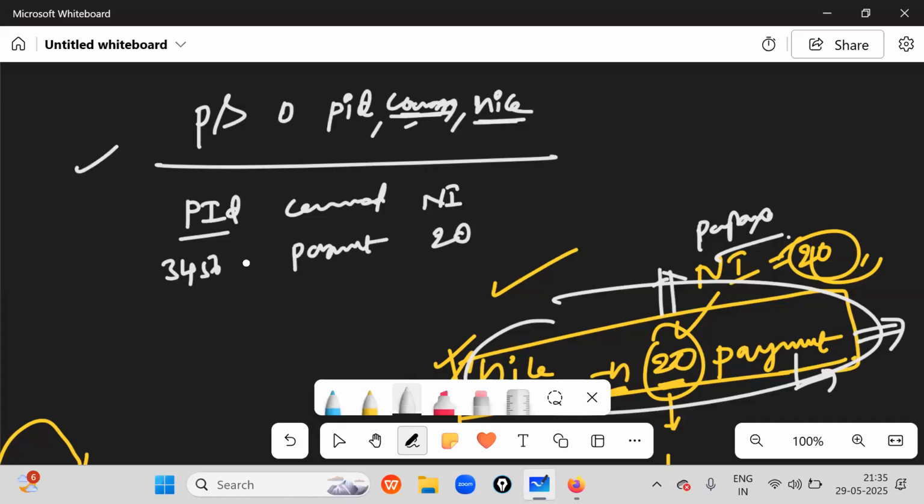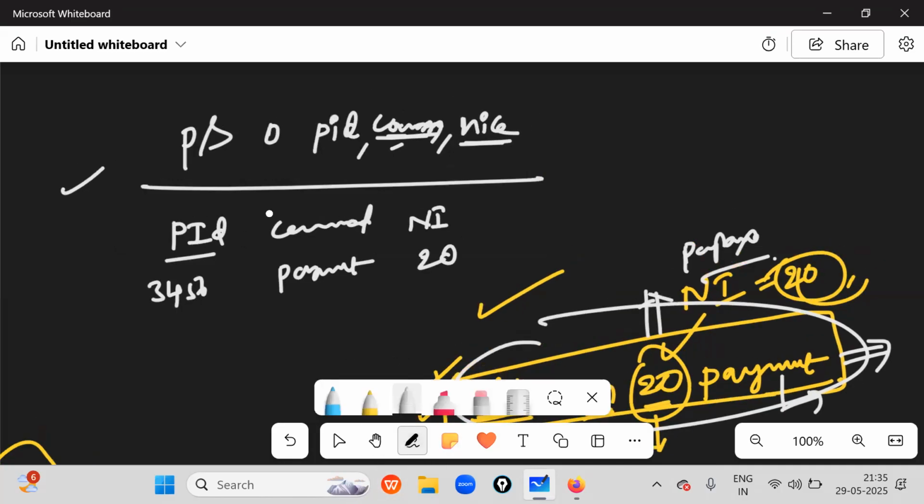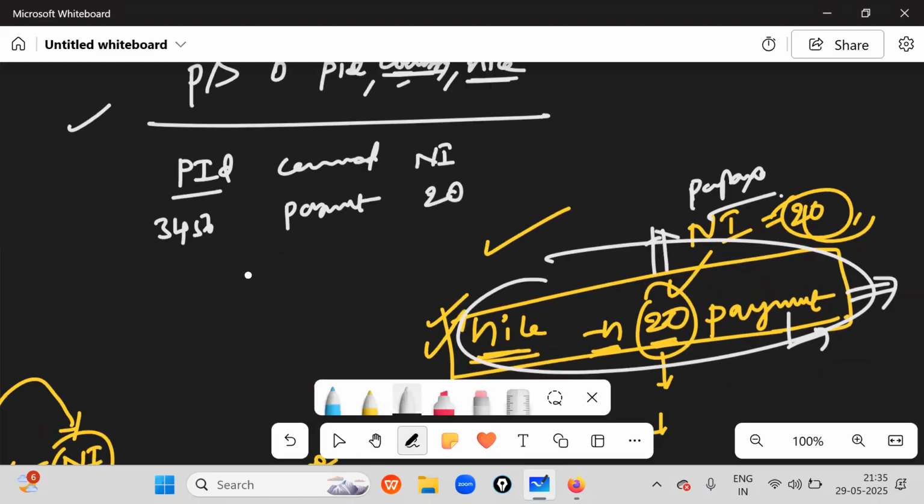So if you want to check the nice value for a particular process or all the processes, just use ps -o pid,comm,nice. That's all. This will display output like this: 3457, deposit, priority 10; 357667, withdrawal, priority minus 20.